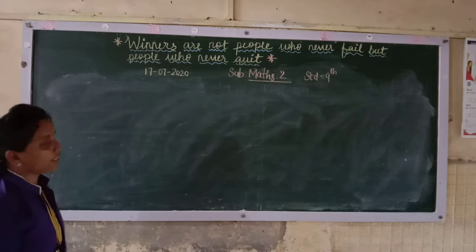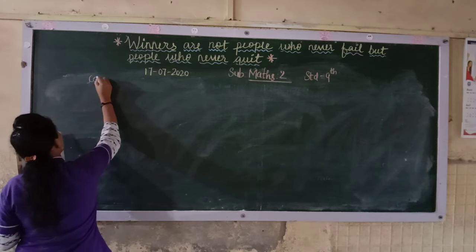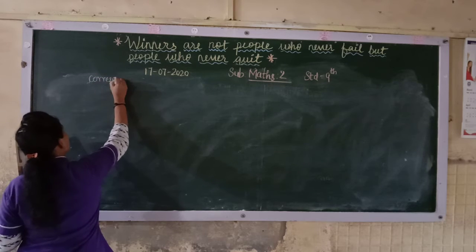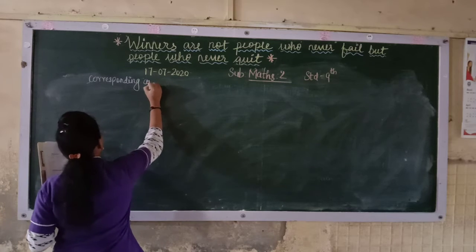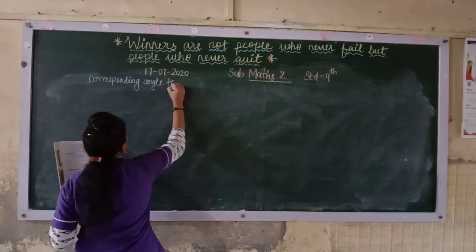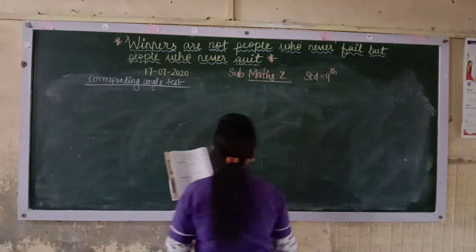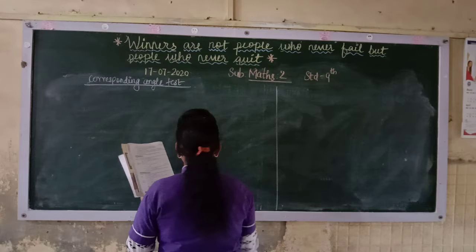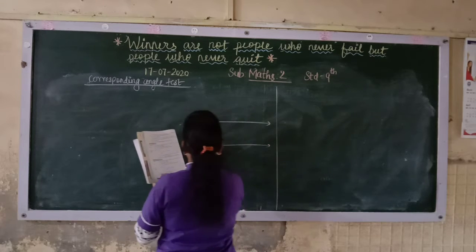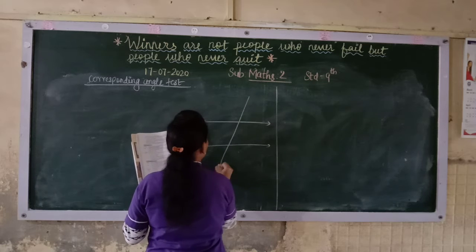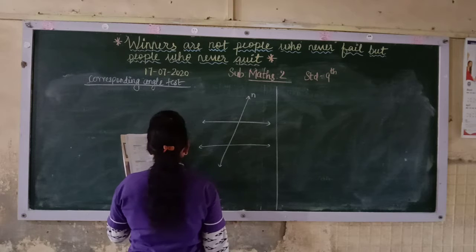Now there is corresponding angle test. So we make the diagram over here. This is the M. So here they are corresponding angles.